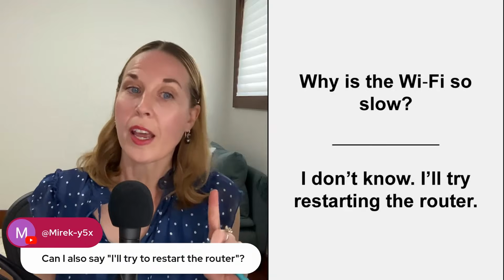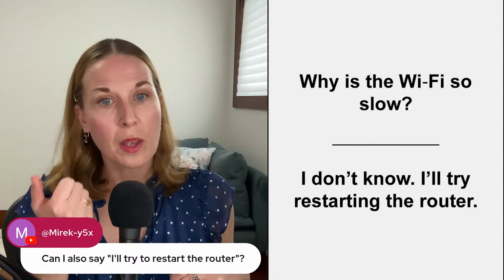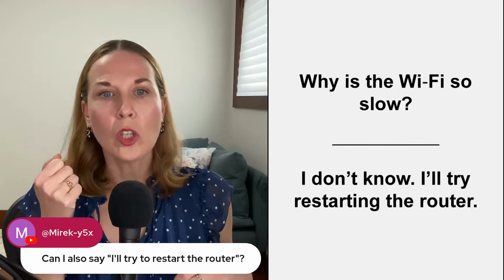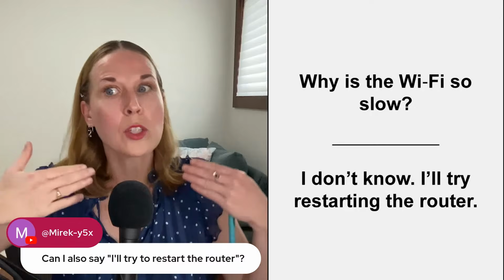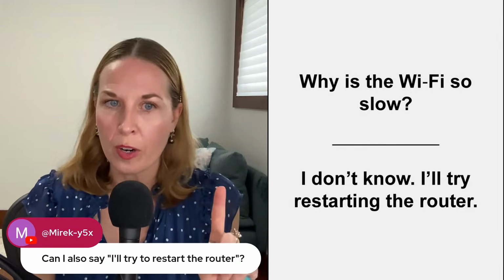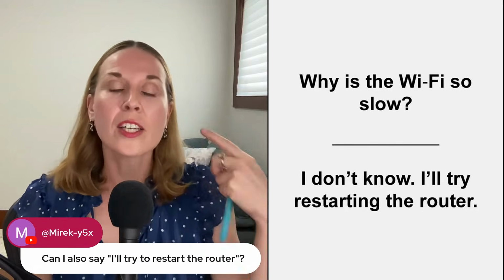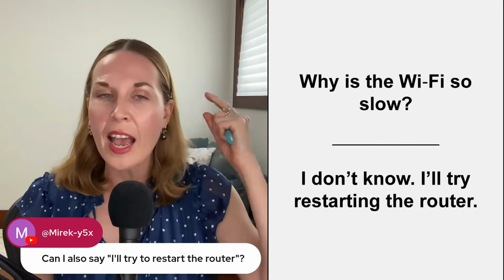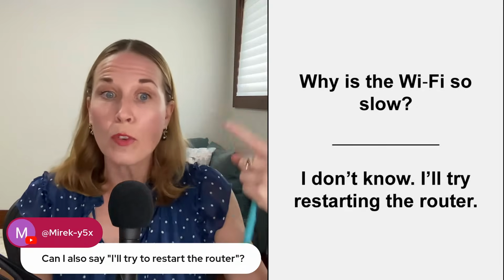This is interesting. I'll try to restart the router means that you don't know if you can do this action, but you're going to attempt it. I'll try restarting the router. So using try and then a gerund suggests that you will do this as one option to try to solve a problem.